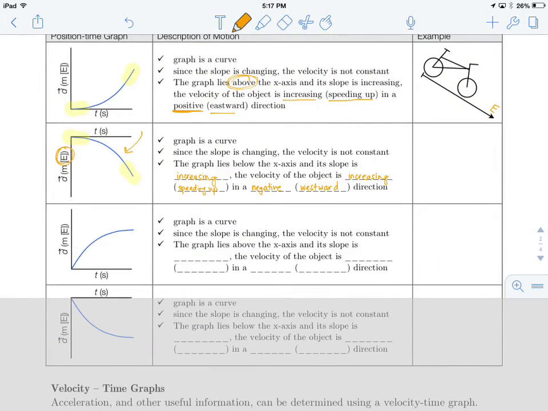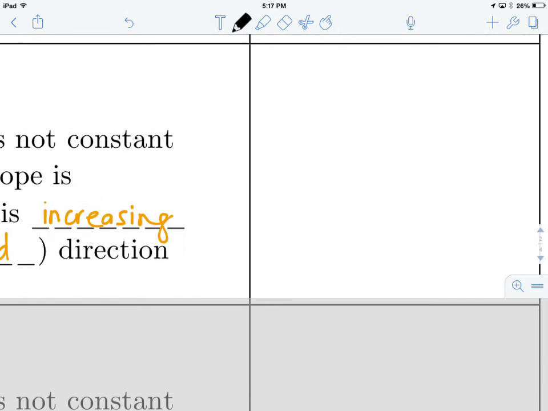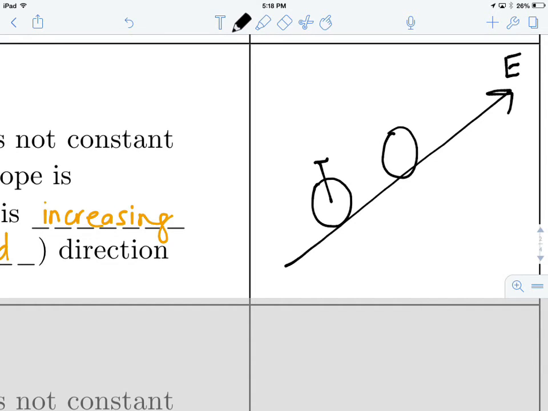So if we were going to draw a diagram of this, similar to the bicycle we drew here, we could simply draw something like this. Here's our hill, and eastward would be up the hill. Now we have our bicycle that looks like this.